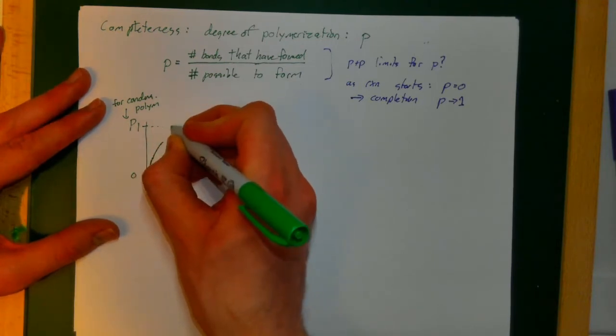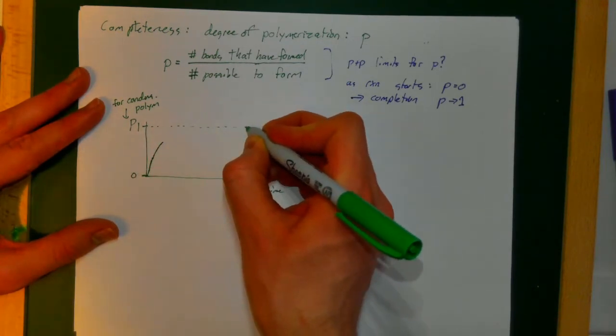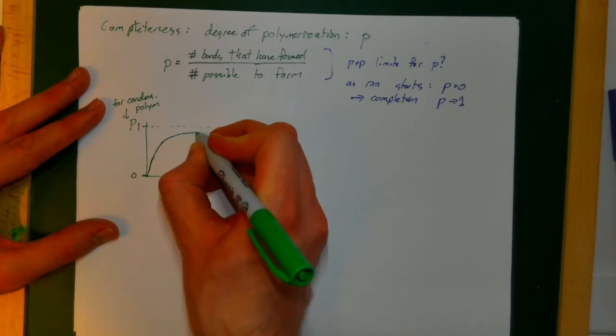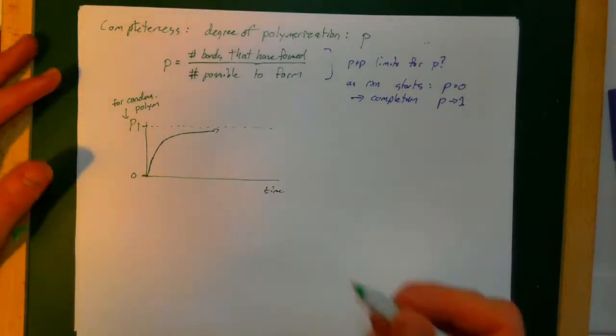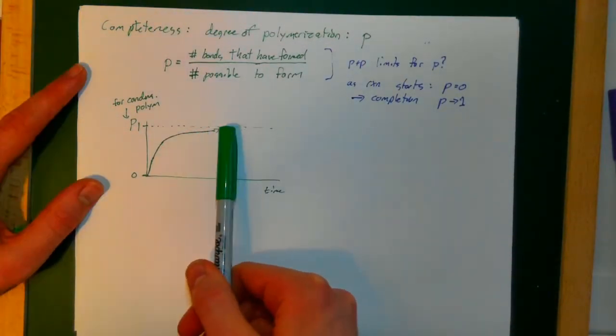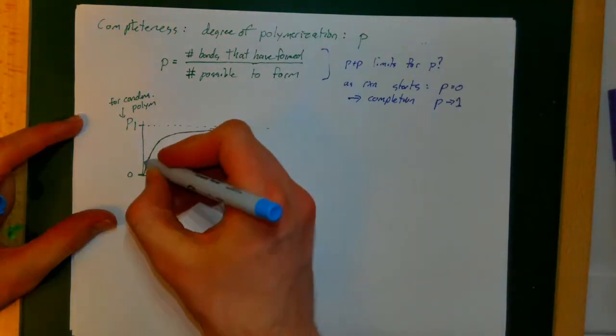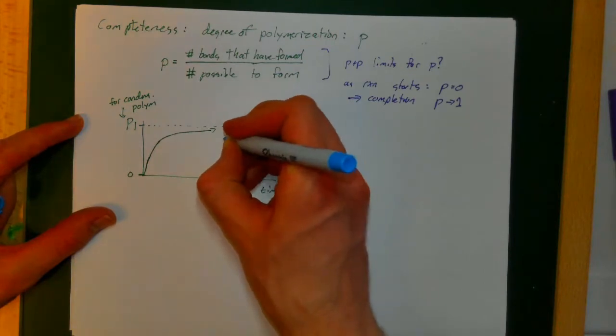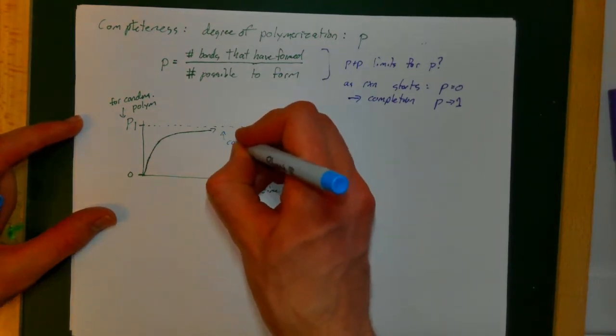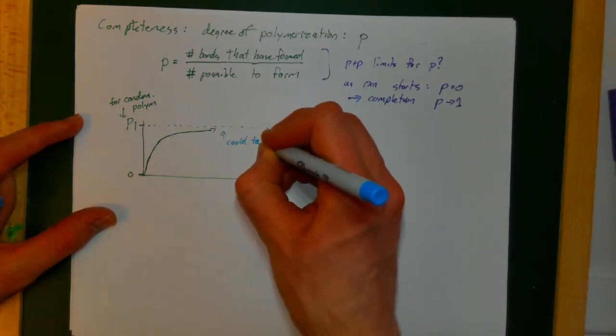So eventually I asymptote towards this plateau right here. And in order to get all the way up here, this could take a long time.